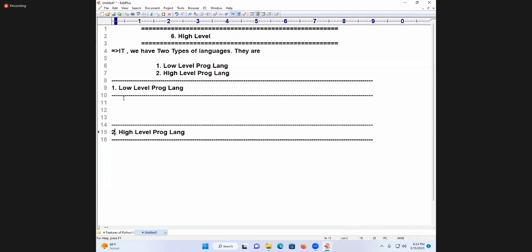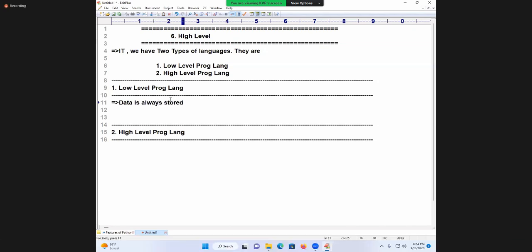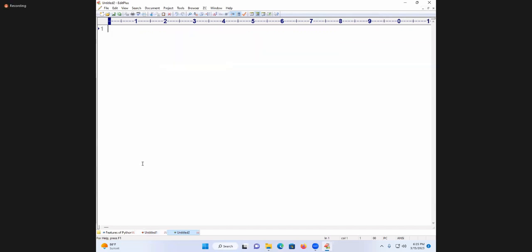In the low level programming language, data is always represented, always stored in the form of... There are three important things available here. You just try to understand me.